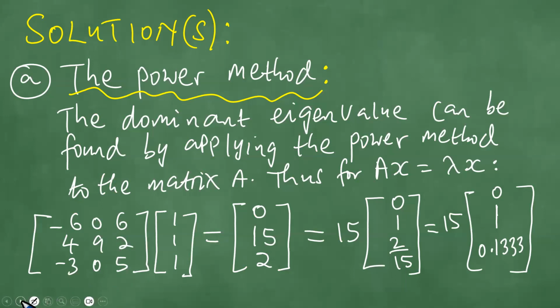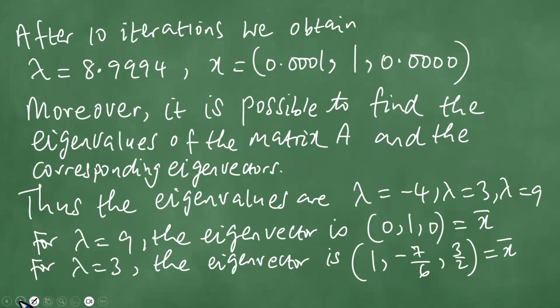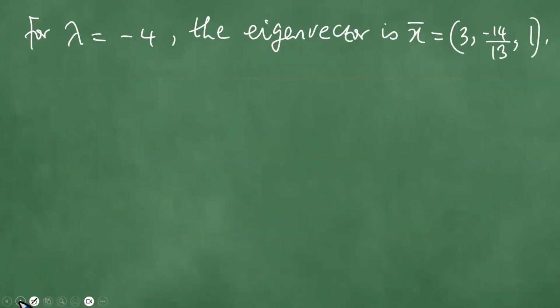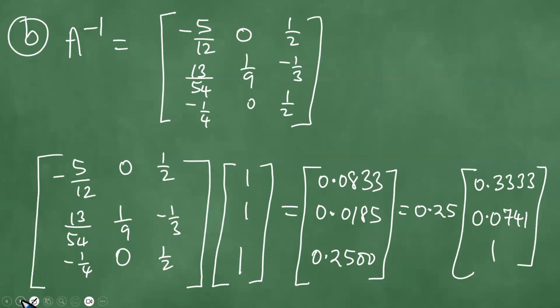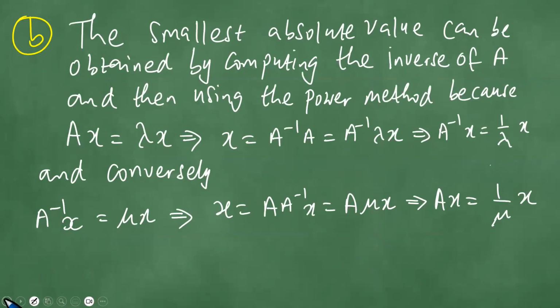But also, we took a chance to state that the eigenvalues themselves are -4, 3, and 9, so there are 3 of them. The dominant one in terms of magnitude is the 9, and we have been able to see through the estimation that we got closer and closer to the 9.